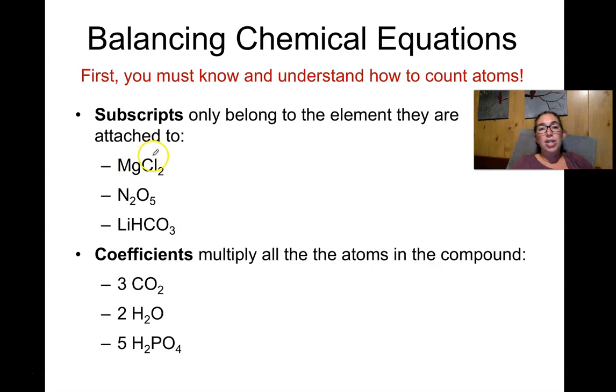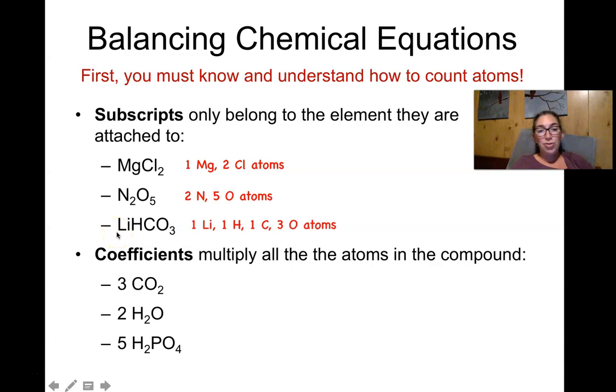So here MgCl2 means that we have 1 magnesium and 2 chlorines bonded together. N2O5 means that there are 2 nitrogens and 5 oxygen atoms. LiHCO3 is 1 lithium, 1 hydrogen, 1 carbon, and 3 oxygen atoms.